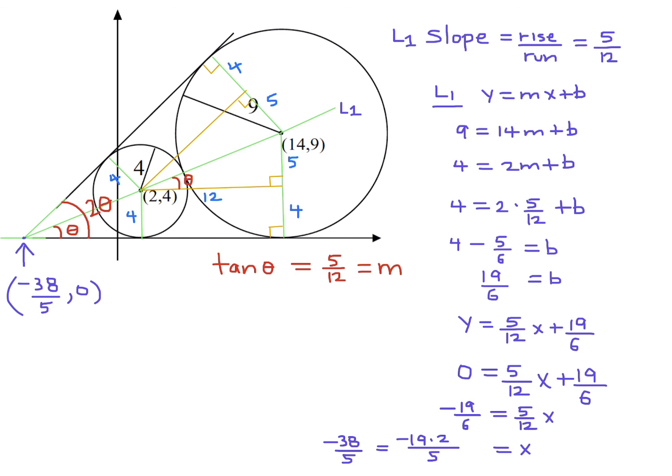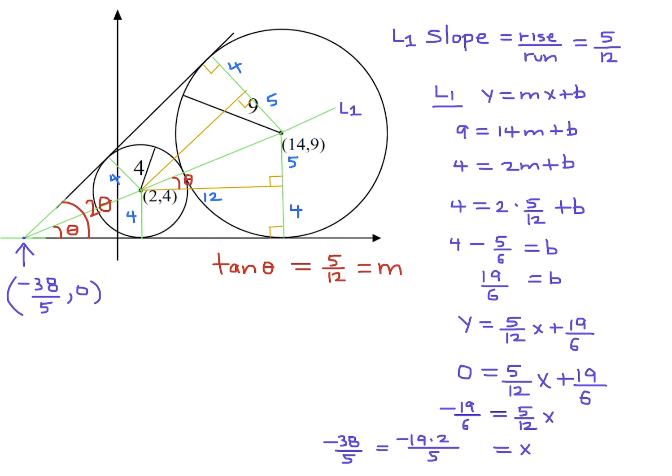Because this diagram is symmetric about this line, everything on this side is exactly the same as that side. So therefore, that line from here to here that we denoted L1 cuts that big angle exactly in half. So it cuts 2 theta into half, making it theta.